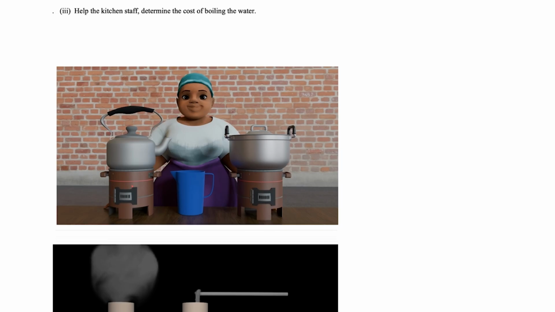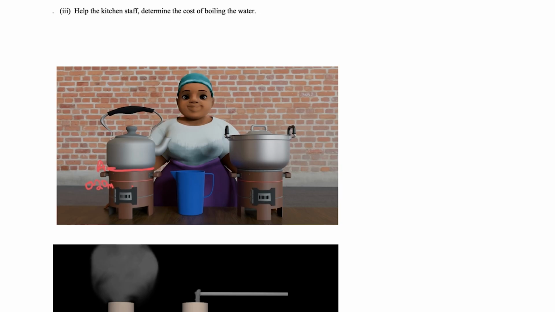She has, I can call this a kettle, which is made up of thickness 0.20 millimeters. That is the thickness of the base of the kettle, like down here.